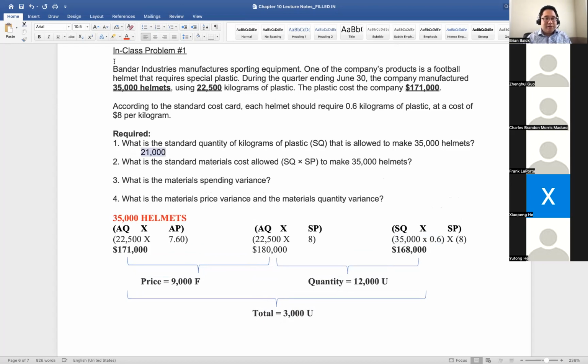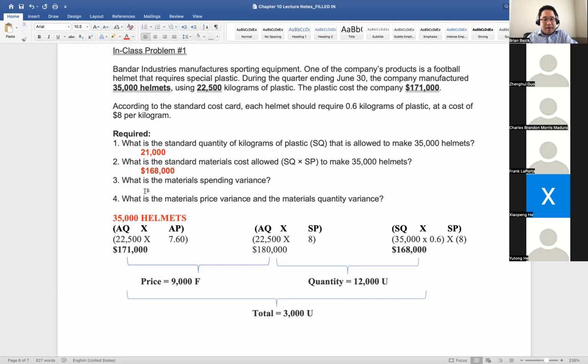That's the answer. What is SQ times SP? I figured that out over here. It's 168,000. Not bad, right? Once you do everything, you can figure out the answers.